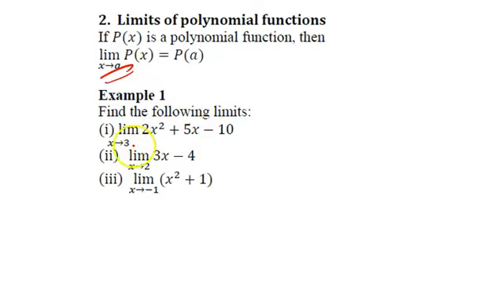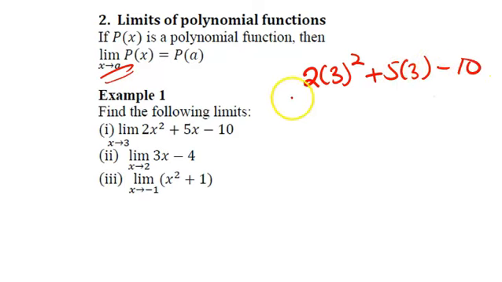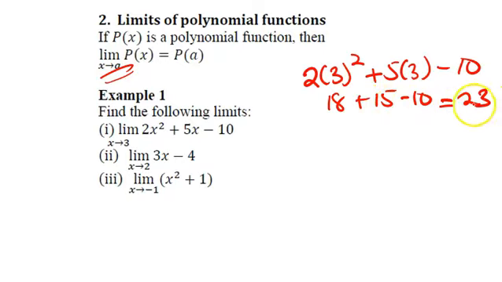So you just plug in 3: 2 times 3 squared plus 5 times 3 minus 10. Now 3 squared is 9, 9 times 2 is 18, plus 5 times 3 is 15, so this is going to be 33. 33 minus 10 is 23.